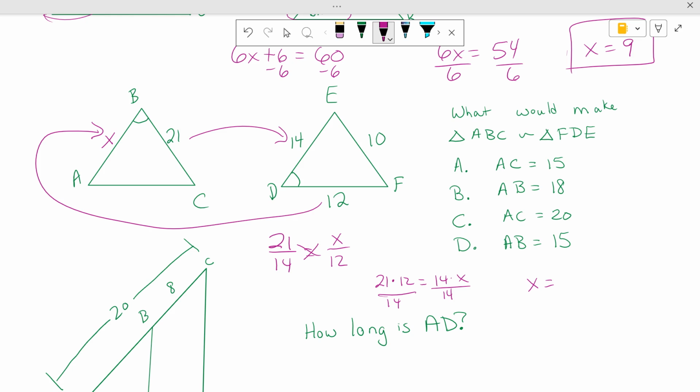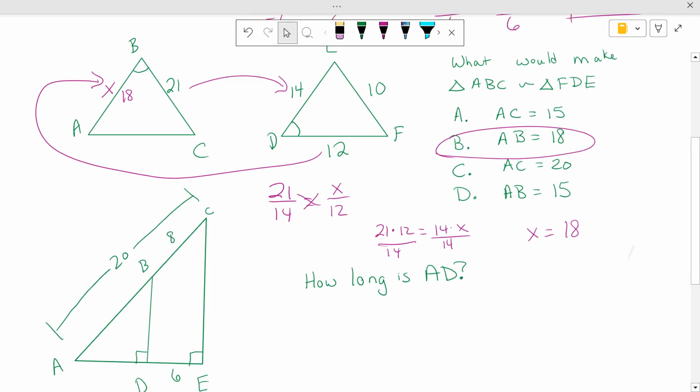Yes, Elena. 18. You are correct. X equals 18, so AB equals 18. Okay? So, know how to write a ratio of sides. Because our scale factor here, 21 over 14, is 3 over 2. 18 over 12 is 3 over 2. So, that's a ratio. Okay? So, know about ratios.